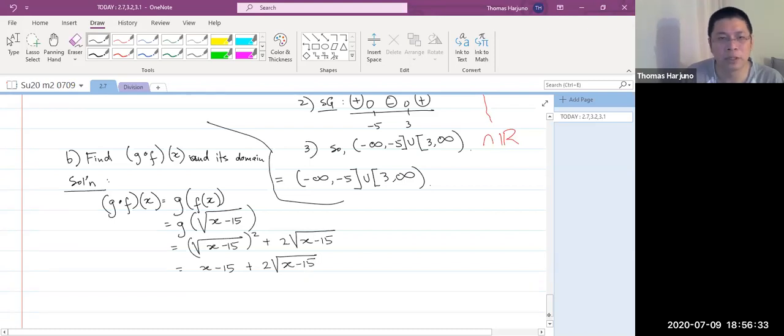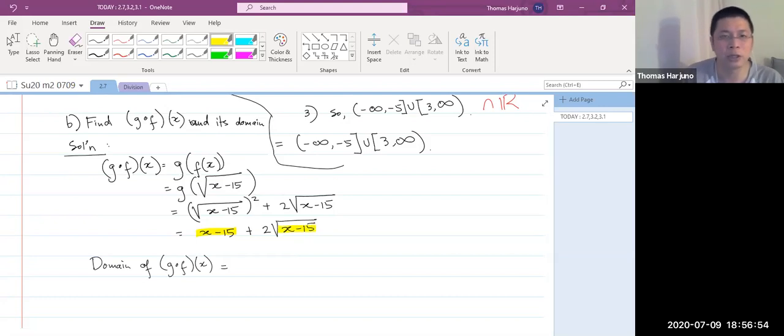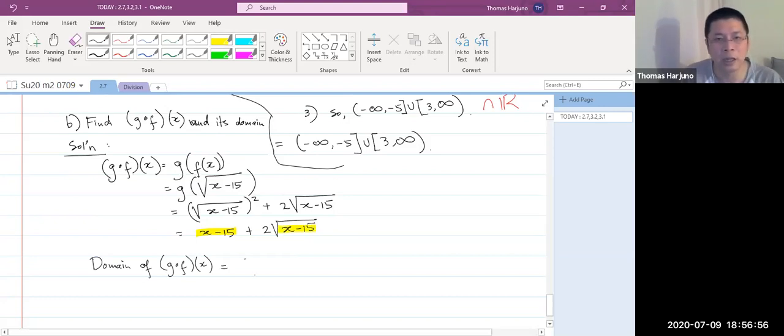Now from here we see that the domain of g compose f of x is, we are okay with this, right? But the second part of the resulting function requires that x minus 15 has to be non-negative.